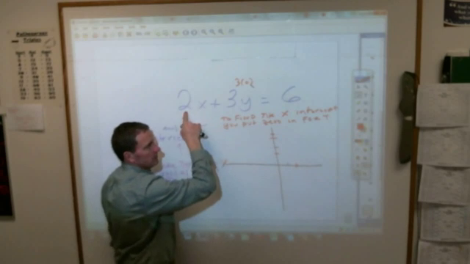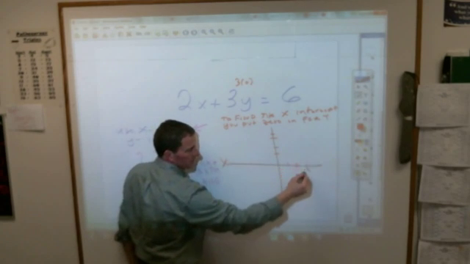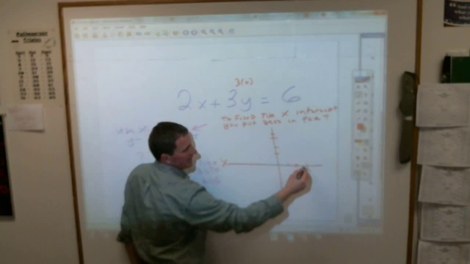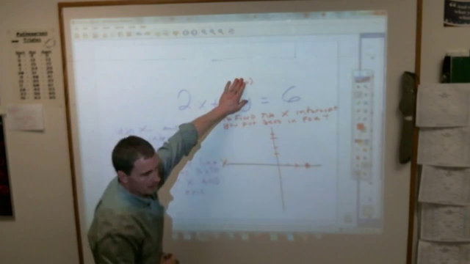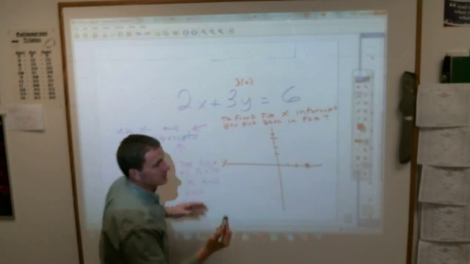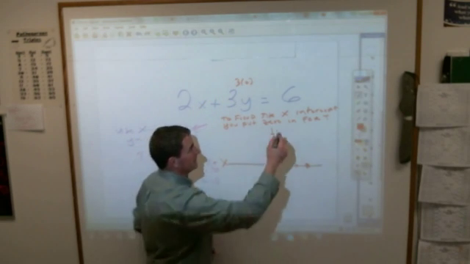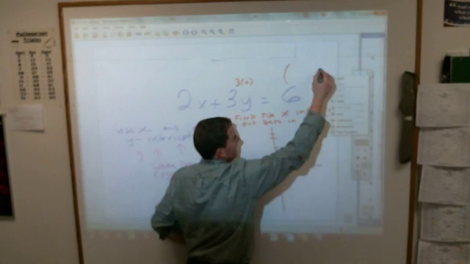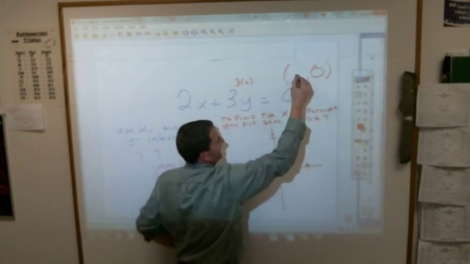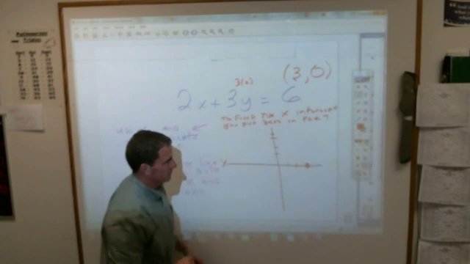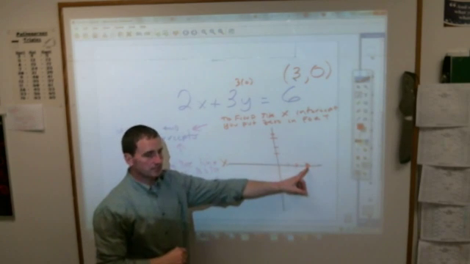That is the x-intercept. It crosses the x-axis at 3, because when I put 0 in for y, I got 3 for x. If you want to see it written as a point, I put 0 in for y, and I got 3 for x, so the point (3, 0) is right there.